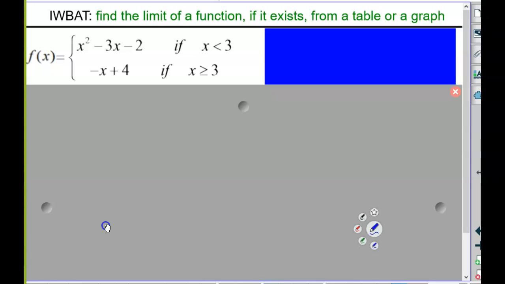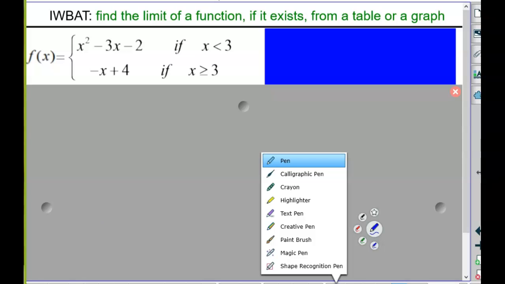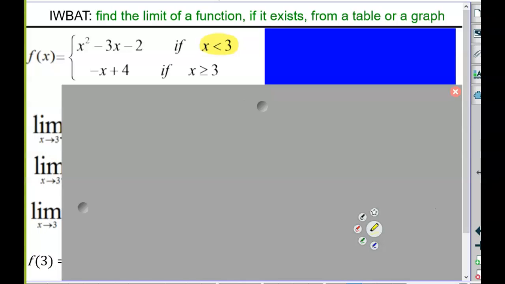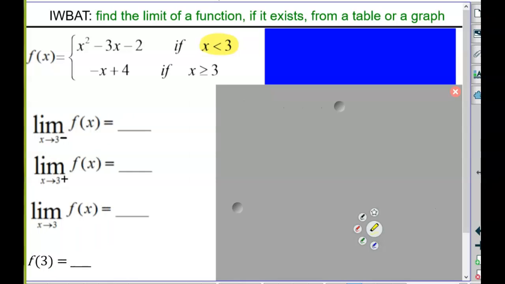Here's what my students in calculus struggle with the most. Because they didn't have the strongest piecewise background. We know that f of x has two different pieces. One is a parabola and one is a linear function. And then it says if x is less than 3. All right, well, what if I tell you to find the limit as x approaches 3 from the left, 3 from the right, and 3, and then the point?